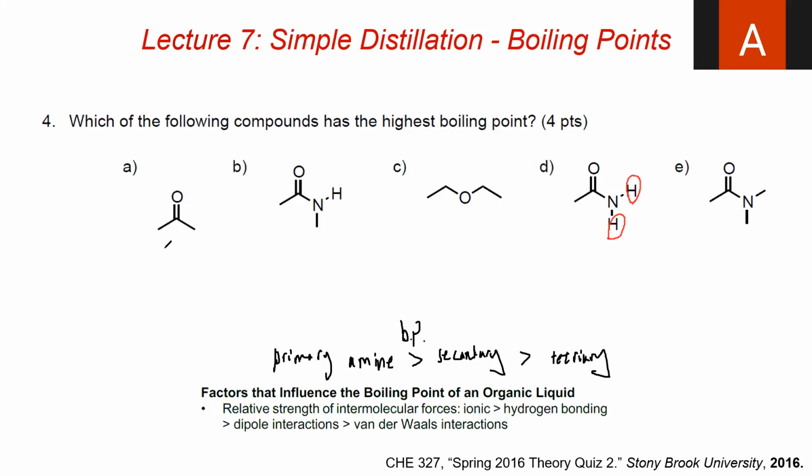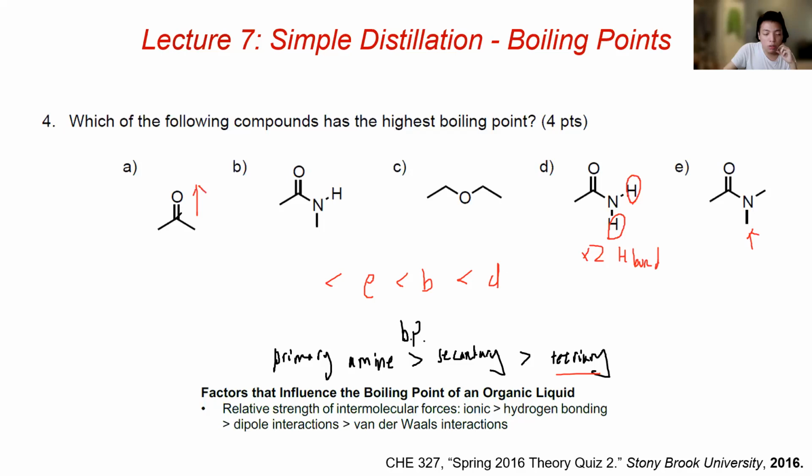If you guys have time, you can list everything out, but when time is short, and you confirm that this is the highest, it has the most hydrogen bonding, then it's good. This one is tertiary amine, which is the lowest among B, D, and E. So I can rank this out. This is primary amine, and this is secondary, and this tertiary.